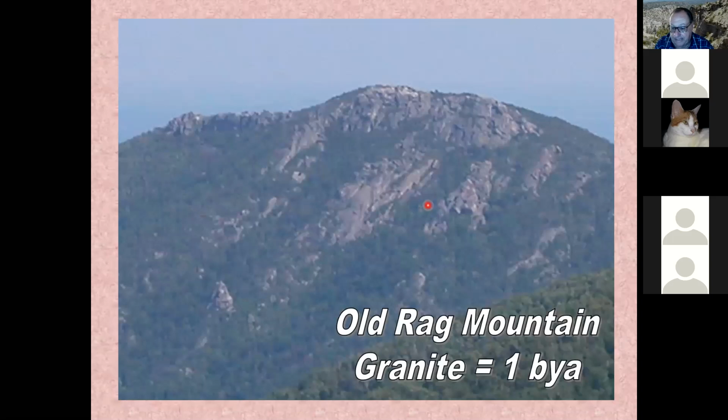Old Rag Mountain, for example, is a mountain that's granite. Granite, as I said earlier, is an intrusive igneous rock. This granite's about 1 billion years old. It represents an ancient continent.